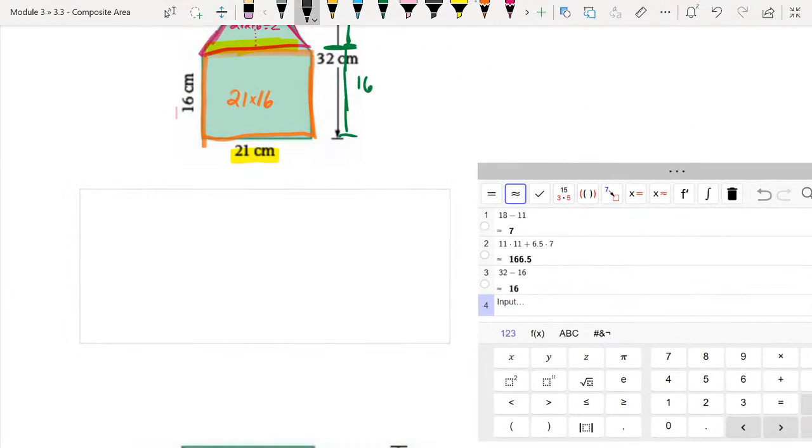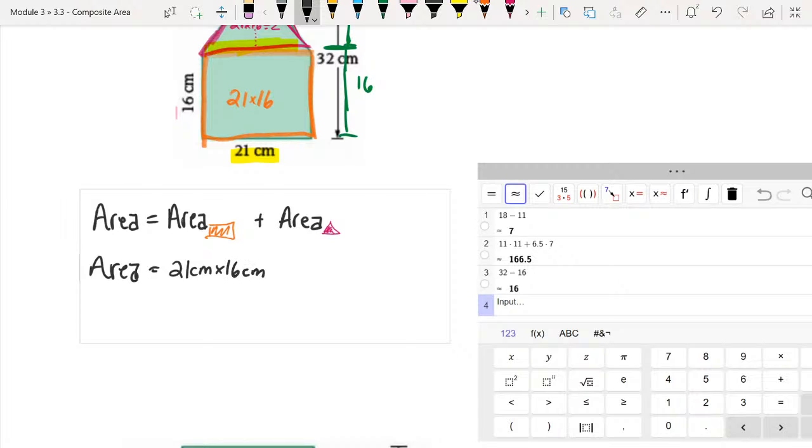So when we go to find the area of this whole thing, it's just the area of the rectangle plus the area of that triangle. And so we would say the rectangle is 21 centimeters by 16 centimeters.